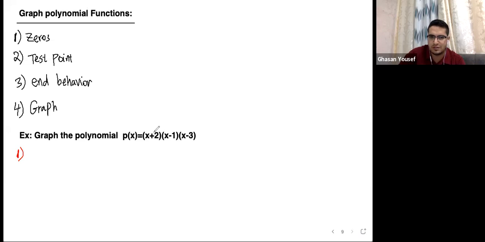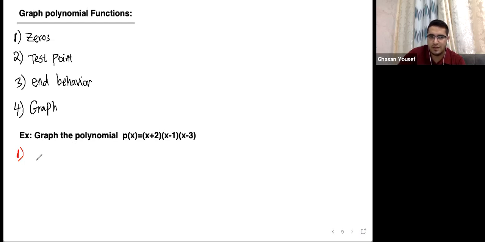So the first zero is minus 2, and also 1. If I plug 1 into this polynomial, I get 1 minus 1, which is 0, so 0 times this gives me 0. And the last one, b of 3: 3 plus 2, 3 minus 1, and 3 minus 3. 3 minus 3 gives me 0, so it's a zero for this polynomial.